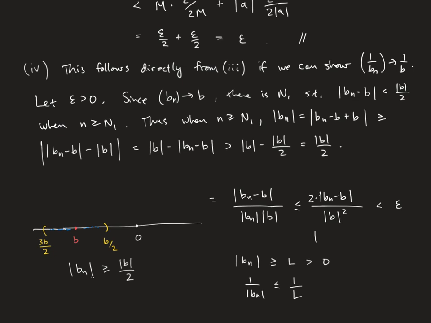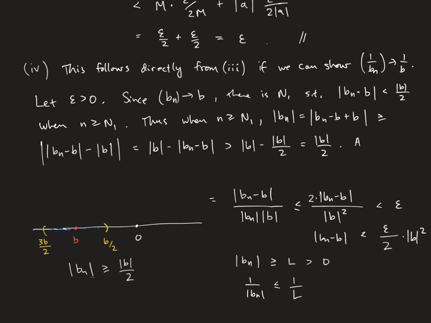So what we're going to have to do is take the absolute value of bn minus b less than epsilon over 2 times the absolute value of b squared. Okay, so this is our additional thing. We're going to have to consider the point in the sequence in which this becomes less than that quantity there.